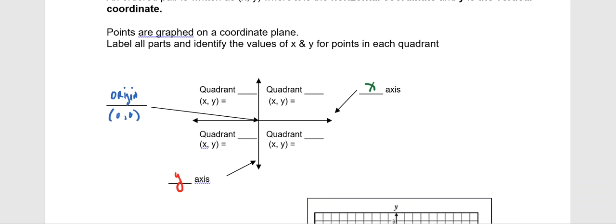So as we start to finish labeling this coordinate plane, we want to recognize that now the x-axis and the y-axis make up these four sections. These are called quadrants, and these quadrants are numbered with Roman numerals, and we always start in the upper right and we move in a counterclockwise direction.